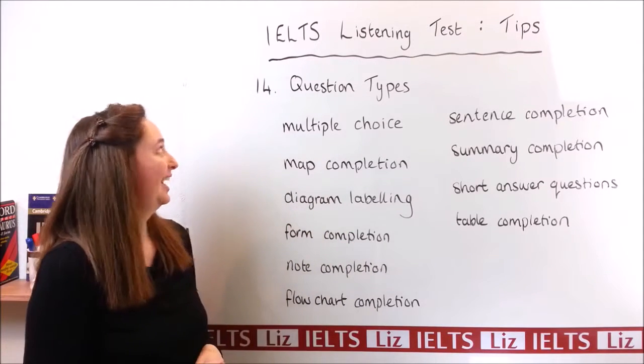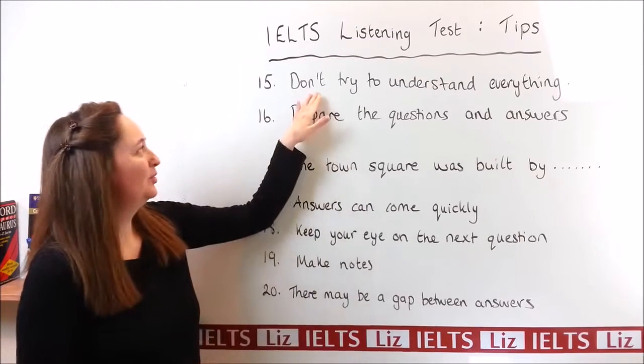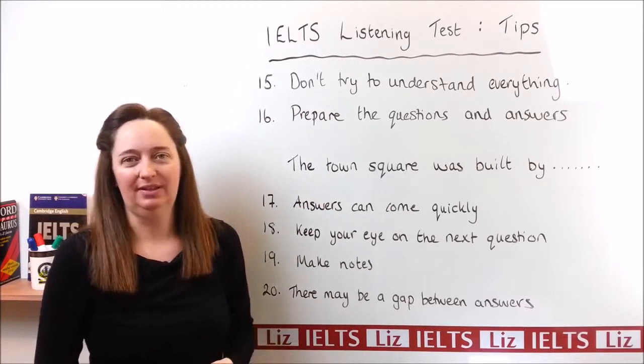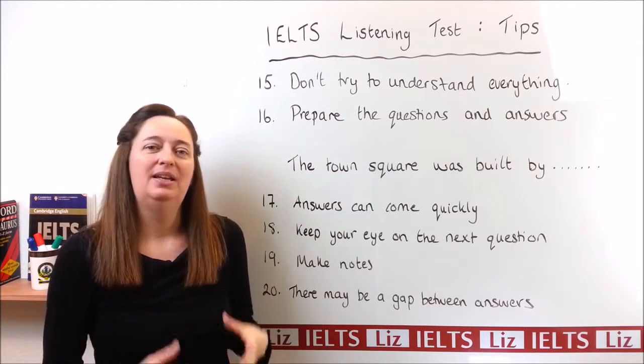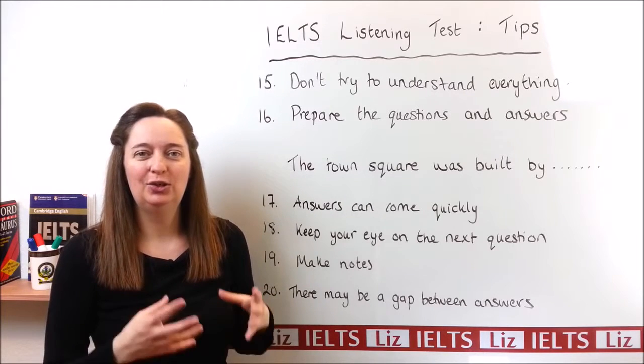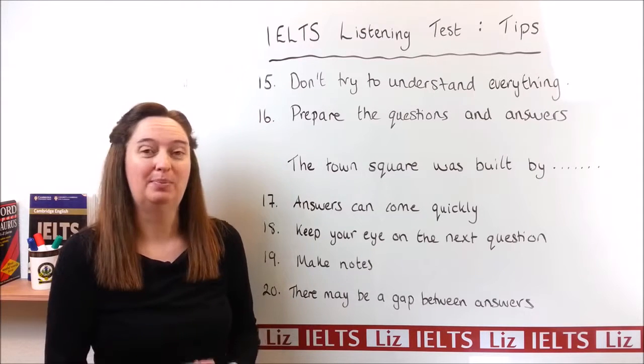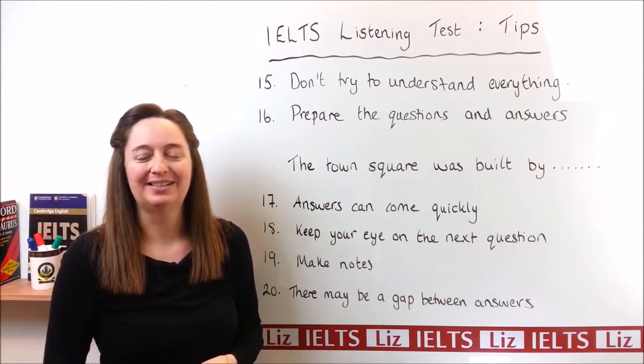Now let's have a look at number 15. Number 15, don't try to understand everything. The aim in IELTS for listening and reading is to find answers to questions. A correct answer is 1 point. All you want are answers.